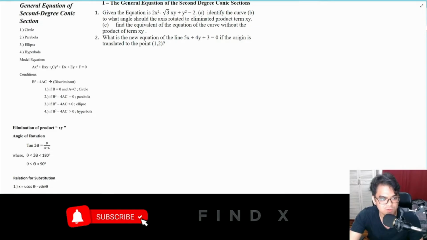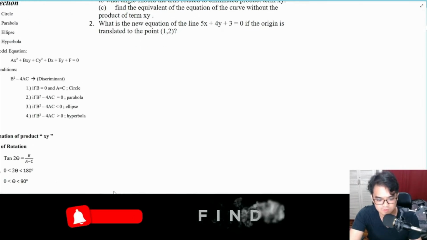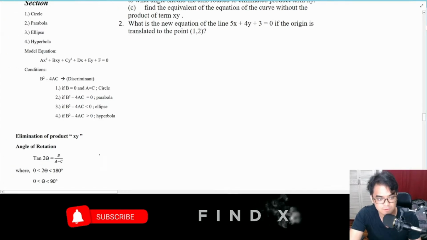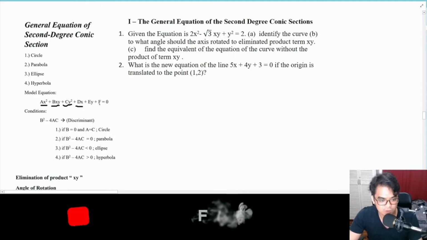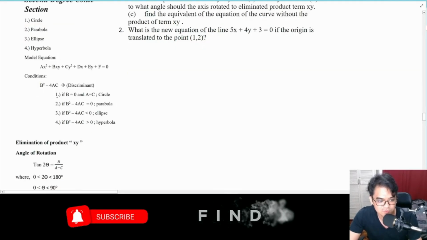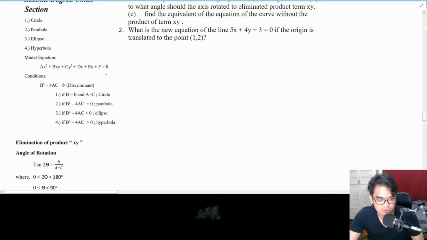So for the model equation, you'll have your ax squared plus bxy plus cy squared plus dx plus ey plus f. Let me zoom it so you guys can see it better. Okay, so as you can see, the difference here now is you'll have an xy product, but we have conditions here.